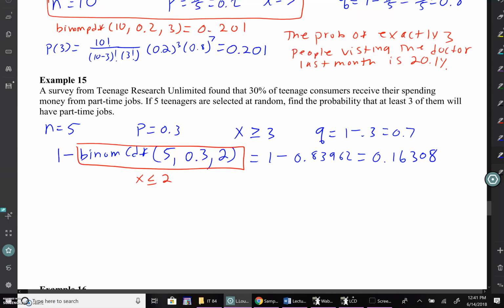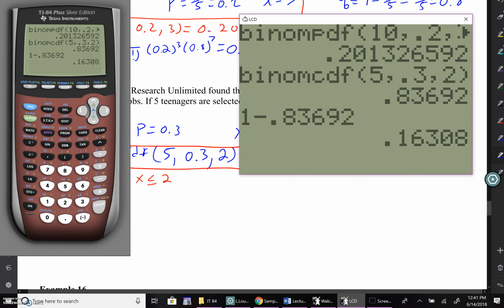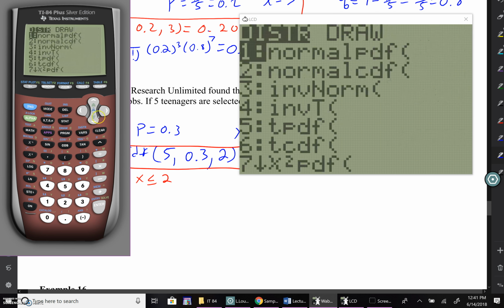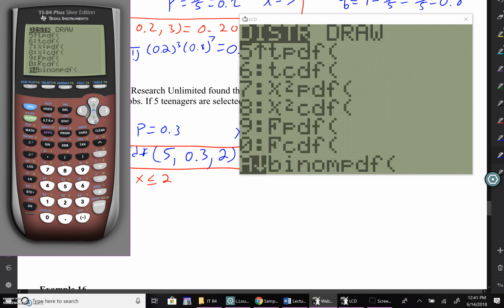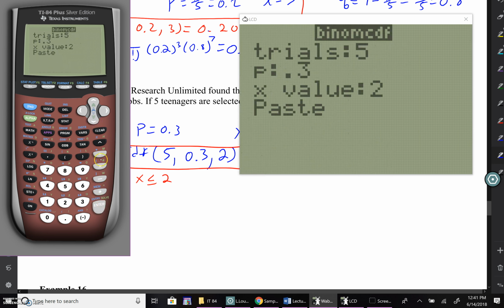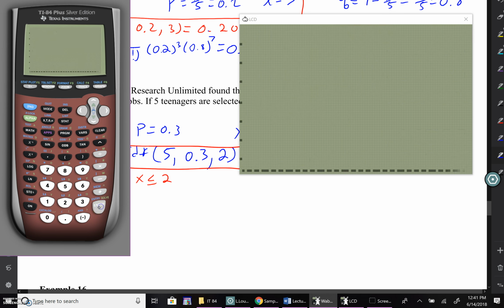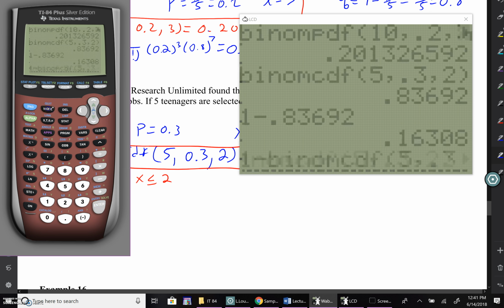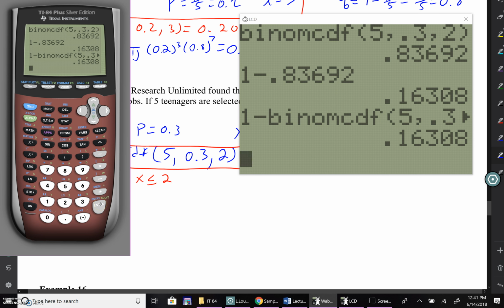And you can absolutely have it do it right away by saying 1 minus, then going to your binom CDF. And then if you hit calculate, oops, what did I hit? That's not calculate. But then it'll do it for you.